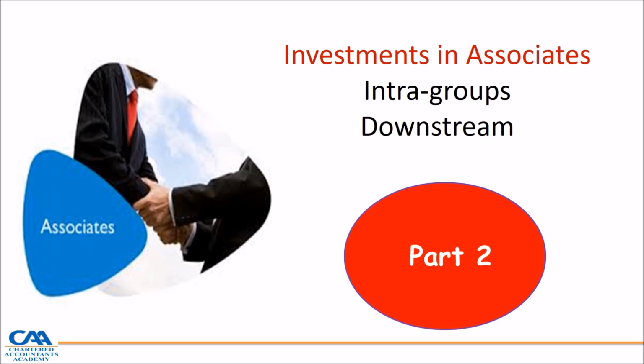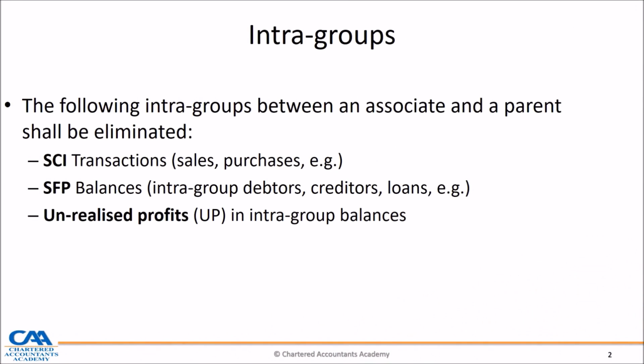Now, when those transactions start happening between the investor and the investee, it creates challenges when you get to group level, because we need to reverse all those intra-group transactions. That is the purpose of part 2 and part 3 of this video class.